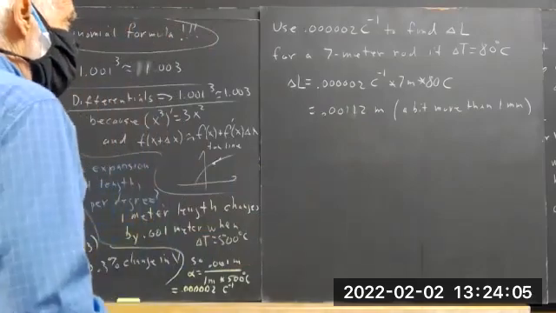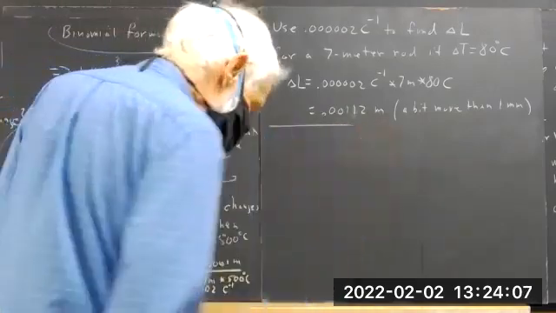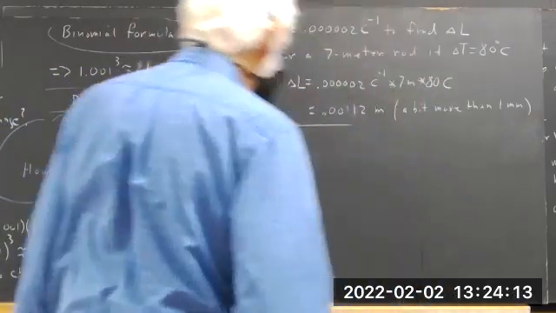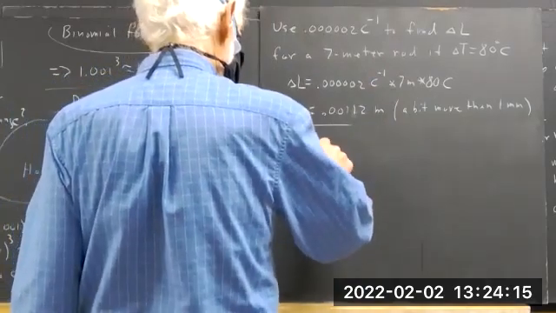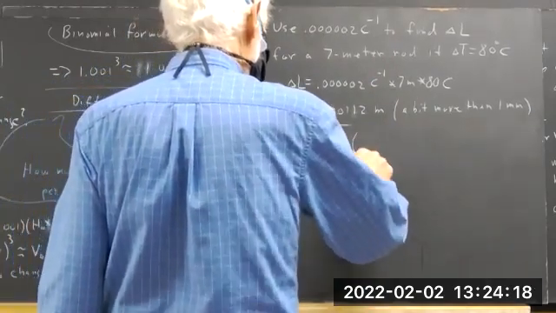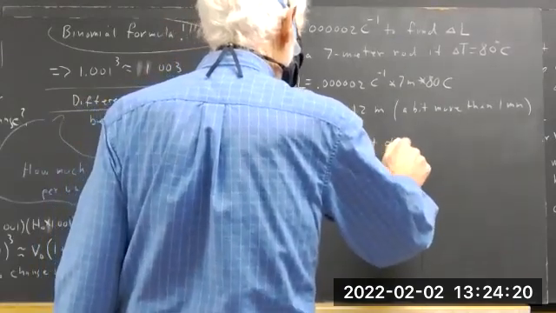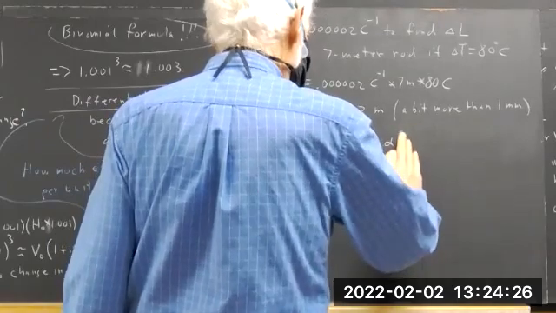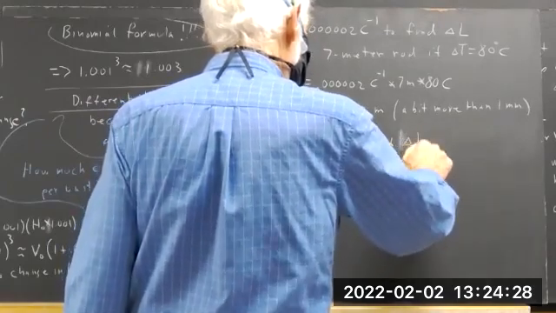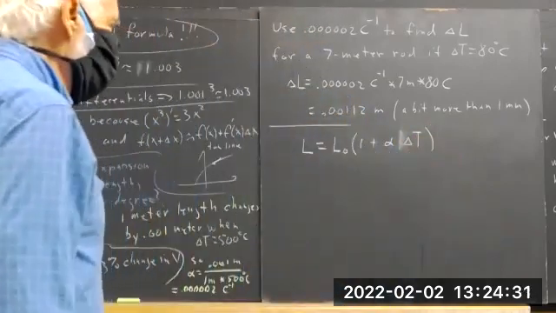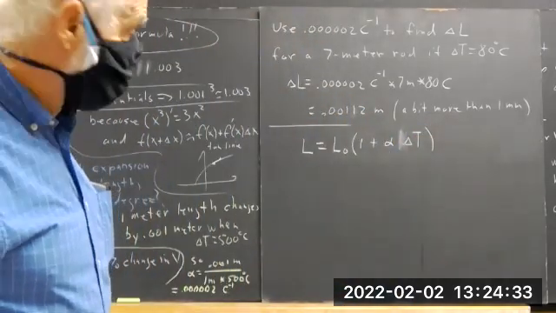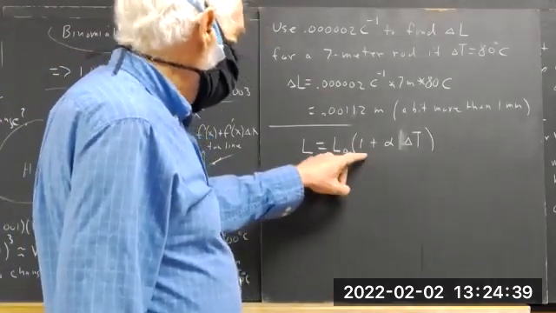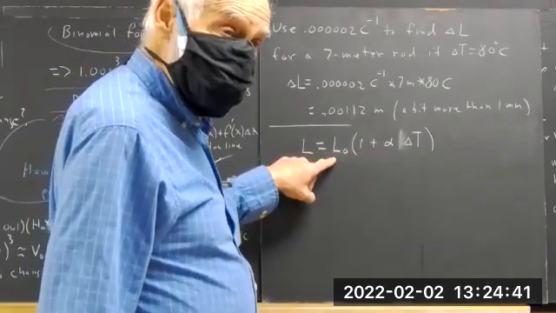Okay, well, now here's your equation, which you should totally understand without having to just memorize. This is because the change in length, well, if you multiply this, the 1 gives you your original length, right?